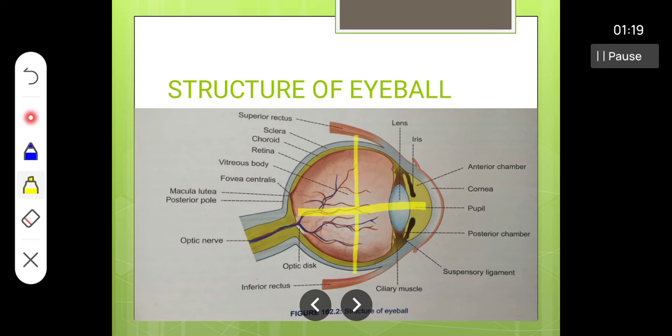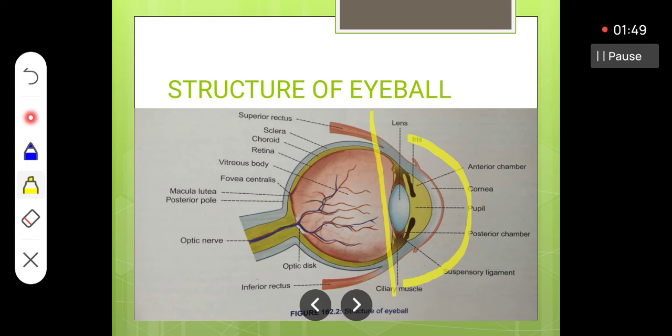The eyeball is generally made up of two segments: one is the anterior part and the other is the posterior part. This first one is the anterior part, and from here onwards, this is the posterior part.